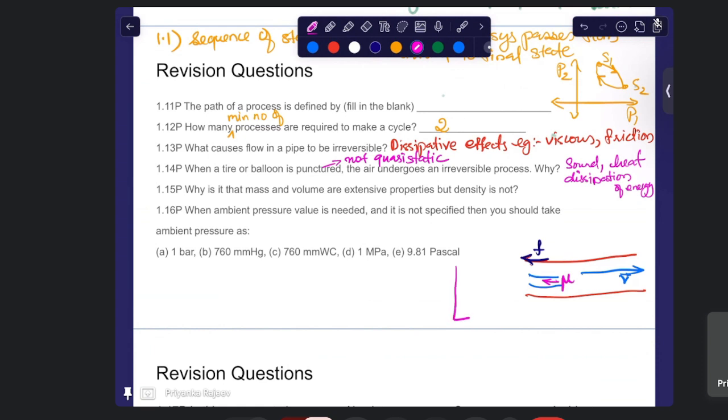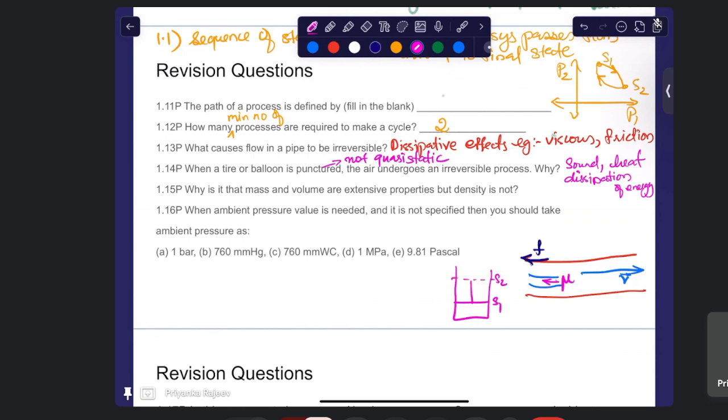What does quasi-static mean? As for example, this is a piston and cylinder. Quasi-static means it takes infinitesimally small steps to reach from one state to another state.